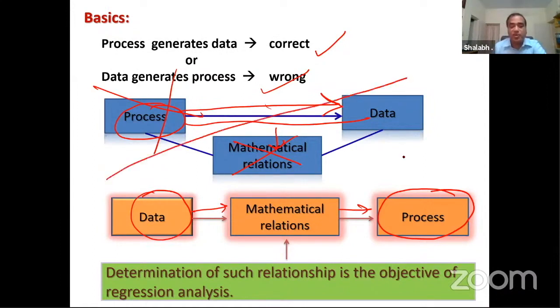So what we try to do is move in the opposite direction. We try to observe the data, and based on that data, we try to find out the mathematical relationship among these variables, which are trying to indicate the process. So we are moving in the reverse direction, the opposite direction.